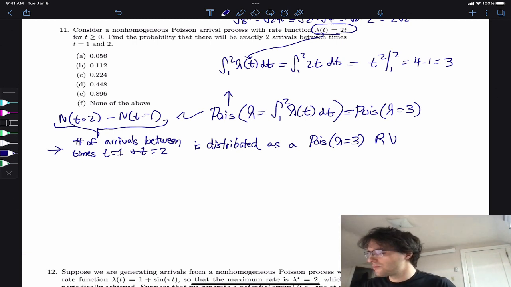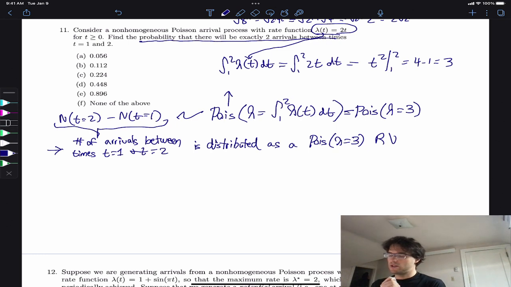In this question, we want to find the probability that there will be exactly 2 arrivals. Anytime you have a distribution and you want to find the probability that the random variable takes on an exact value, if it's a discrete distribution, like the Poisson, then you want to take the PMF.